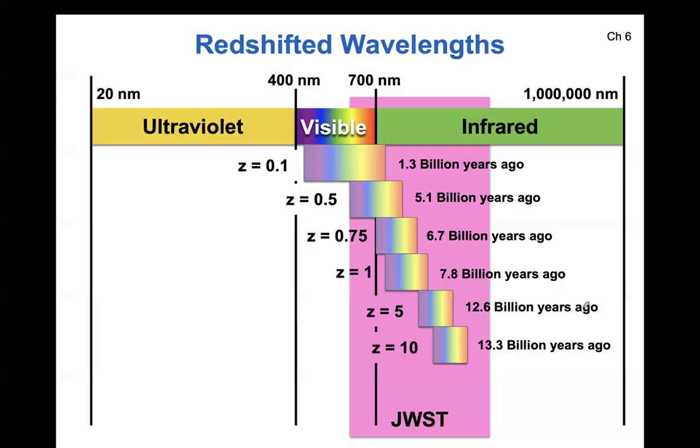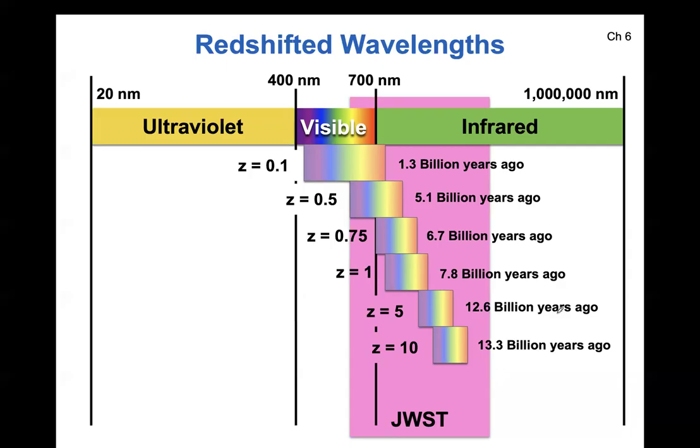And notice that I just mentioned distances, but all the labels here are times. Well, that's because of that relationship between a light year and a year. If I look at an object that's 12.6 billion light years away, because remember, a light year is a distance, the distance that light travels in a year, I'm looking at an object that's also 12.6 billion years old.